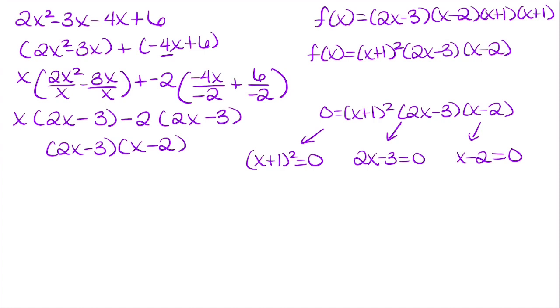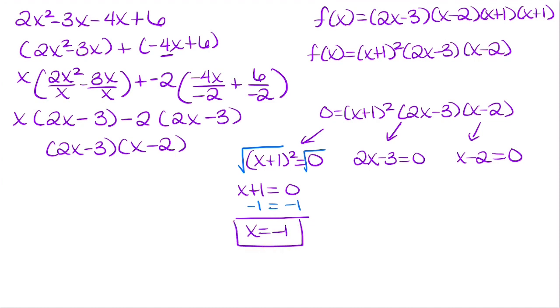So if x plus 1 squared equals 0, remember I can solve by first taking the square root of both sides. So that gives me x plus 1 equals, well, the square root of 0 is just 0. And now I can solve this equation for x by subtracting 1 from both sides. So when I do that, that gives me x equals negative 1, which is my first zero. And then I can solve 2x minus 3 by first adding 3 to both sides, and that gives me 2x equals 3.